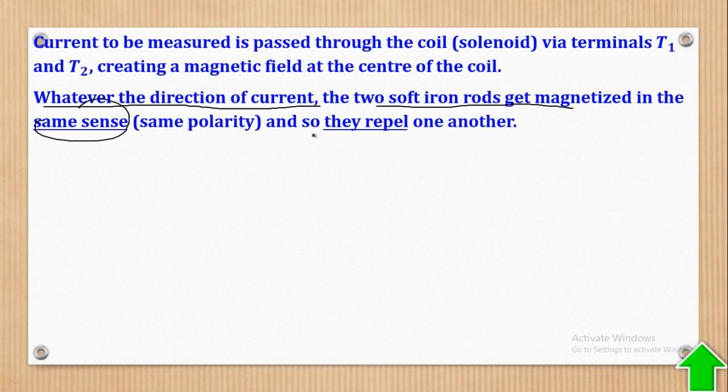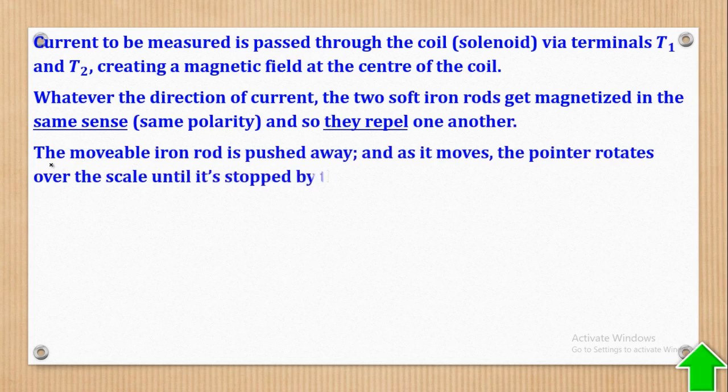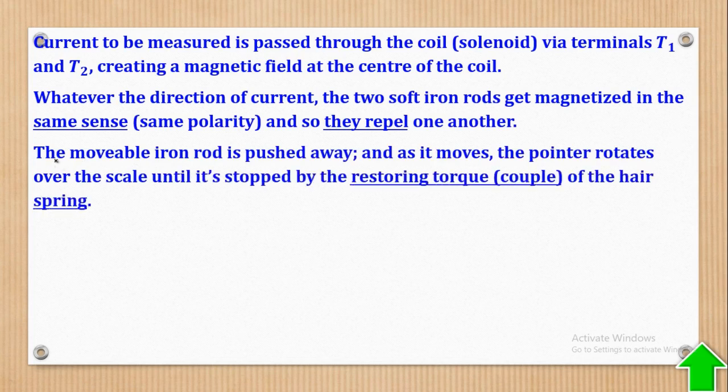That means the same polarity, and so they repel one another. The movable iron rod is pushed away, and as it moves, the pointer rotates over the scale until it is stopped by the restoring torque of the hairspring.